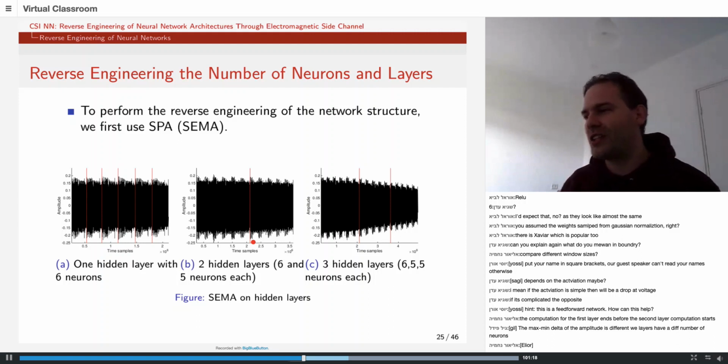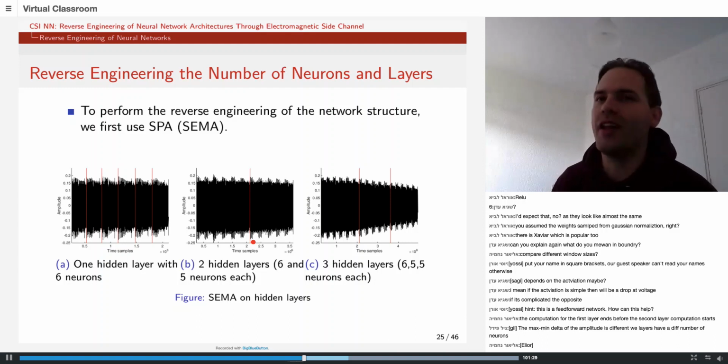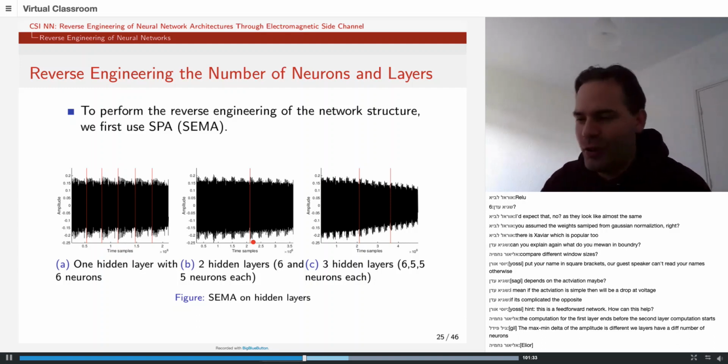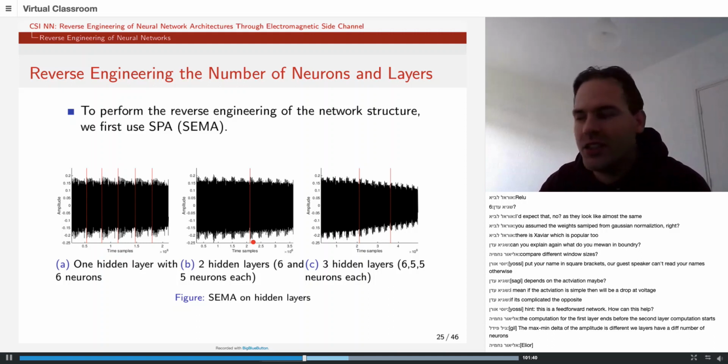So think of this, what Elior said: computation for the first layer ends before the second layer computation starts. And think, how could you use correlation power analysis to use that kind of information? So the answer to break this is to use CPA, correlation power analysis, or CEMA, so correlation EM analysis. How would you use it?